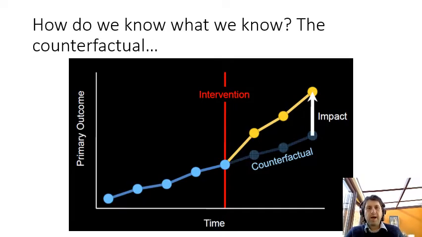So how do we know what we know? Well, we have to think about this in terms of the counterfactual. The counterfactual is simply what would have happened had the intervention not taken place. Okay, and so the way that you can establish the impact is that you compare what did happen with what would have happened had the intervention not been there.